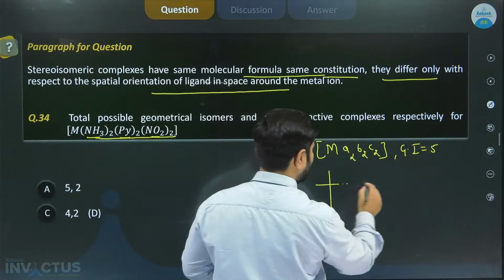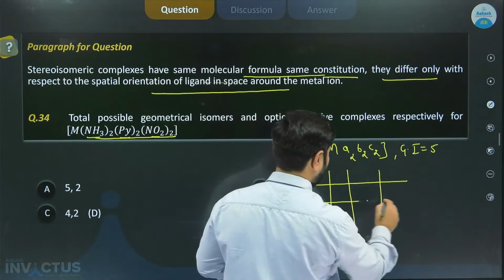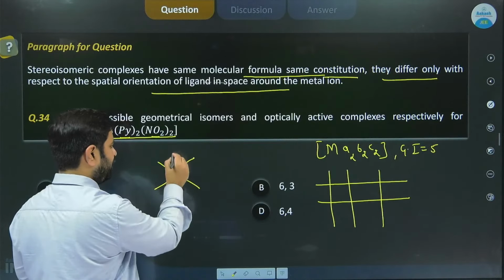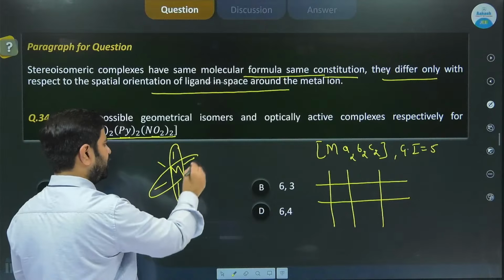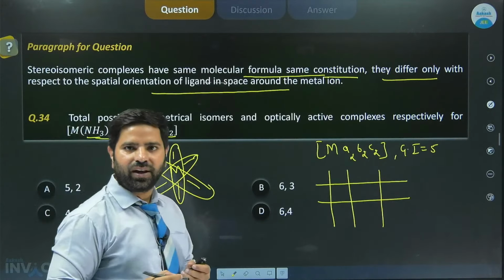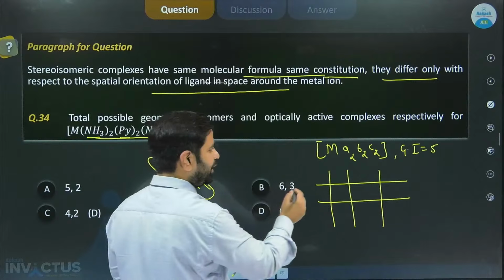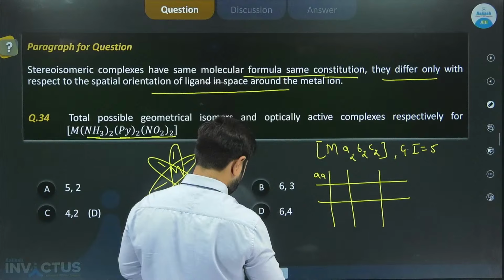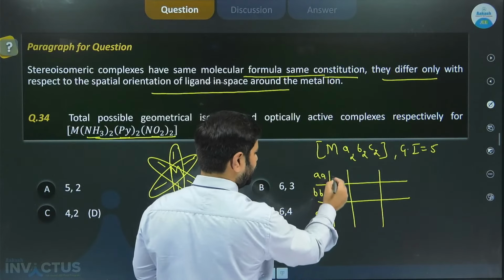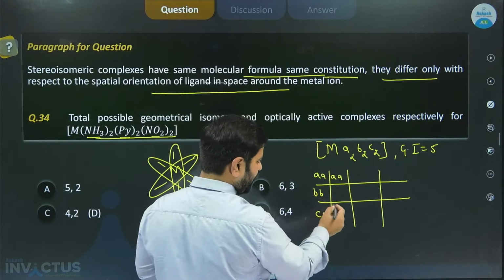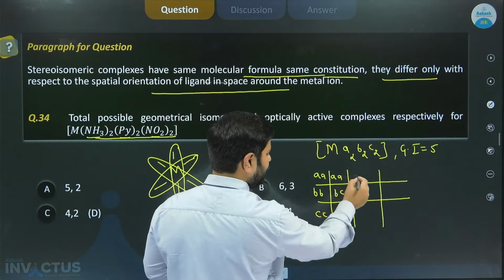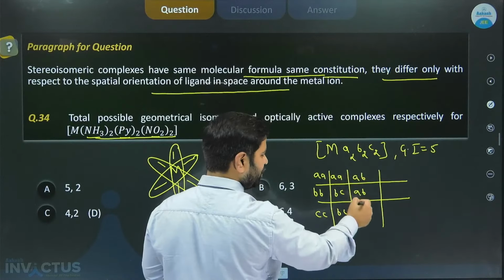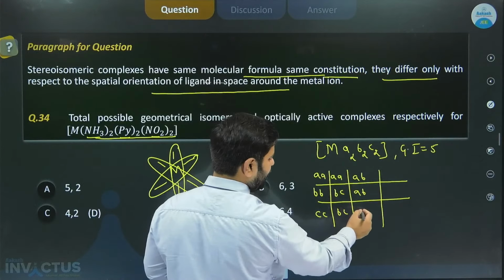How can you calculate GI? I am telling you a very simple method. For the octahedral complex, we have 3 trans positions. We can write AA, BB, CC. For AA, another possibility can be BC and BC. Now AB can be a possibility, AB and CC.